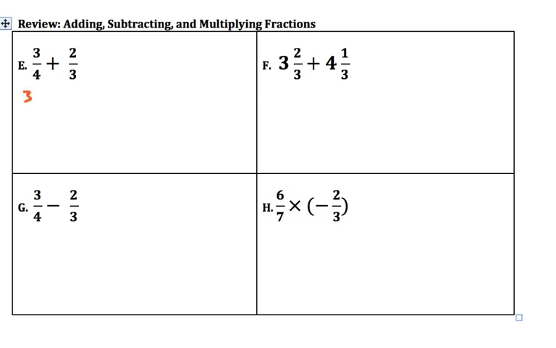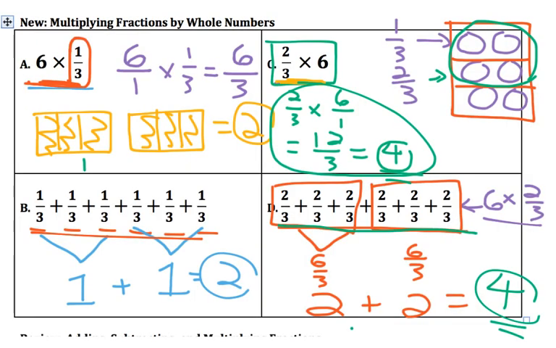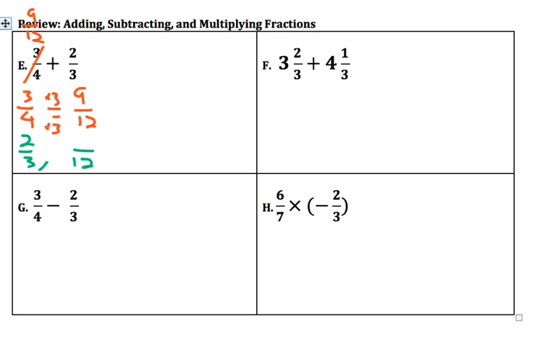So I can take 3/4 and rewrite it as 12ths by multiplying by 3. And I would change this fraction to 9/12. And then 2/3, to change that one into 12ths, I would multiply by 4, and I would get 8/12.